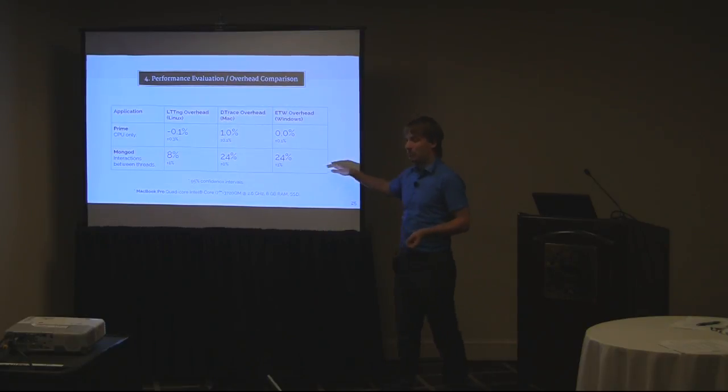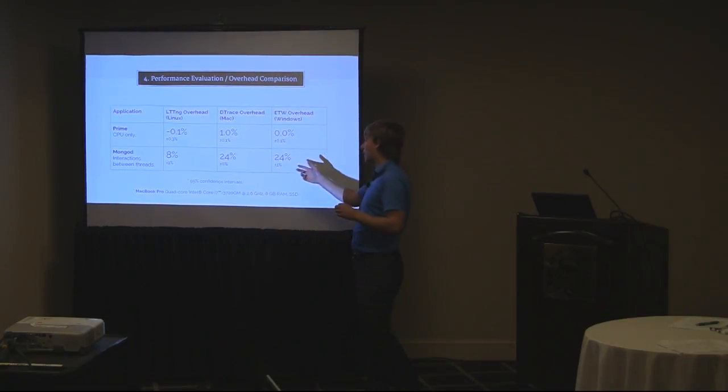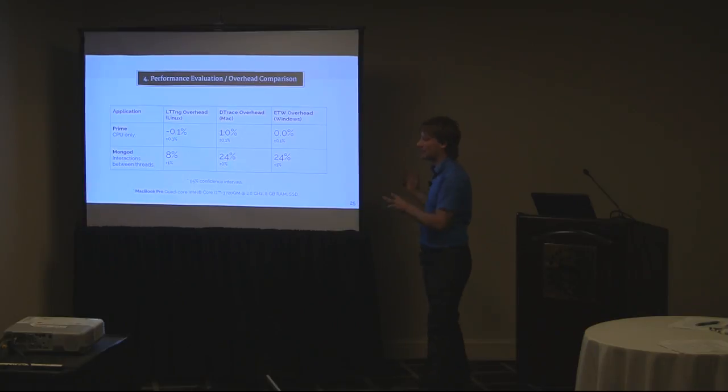But with MongoDB, parallel applications, LTTng has the best performance, the lowest overhead at 8% compared to 24% with dtrace and ETW. So LTTng was built from the beginning to scale very well with applications that have a lot of threads, and we see it very clearly on this slide.